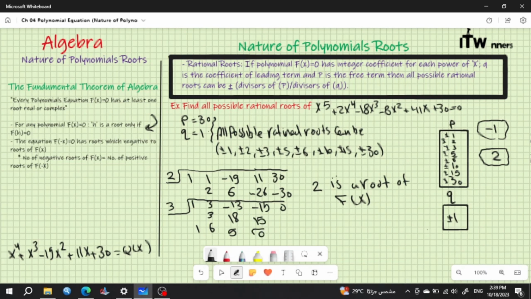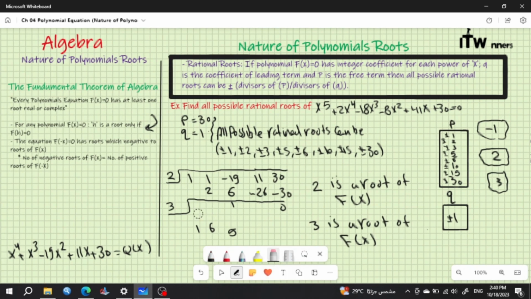So we have here remainder is 0. Then 3 is a root of f of x. Then 3 is the new root here.